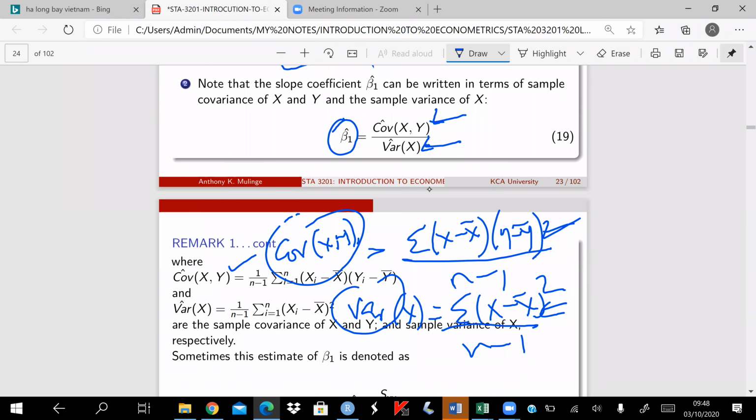Excuse me? Yes, I can say the screen is not changing. Oh, the screen is not changing? I don't know whether it's just on my side or it's for everyone. Anyone who is having a problem with the screen? It is changing. So you may want to check your internet connection. Rosogutu, your hand is up. You have a question?